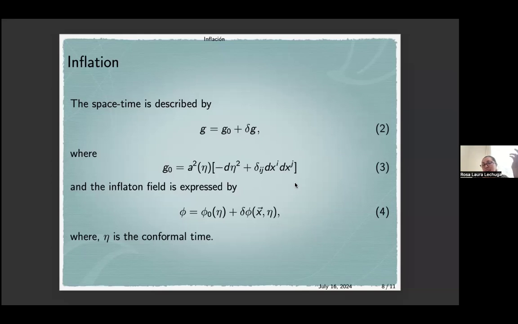So we can think of a large scale patch, but also think about causally connected regions, because many times we want to study regions with causal connection, or the horizon of a process. In that case, many times we work with the Hubble horizon.